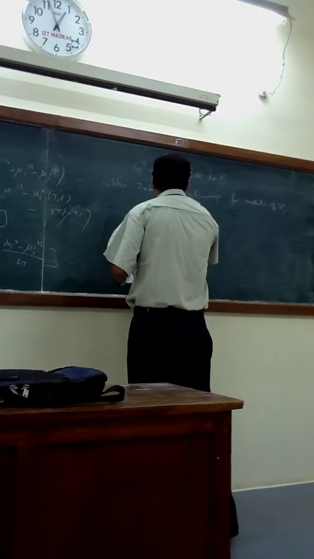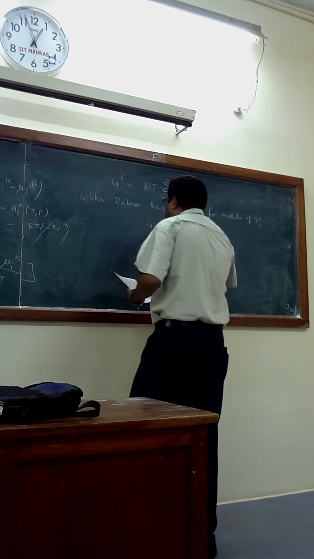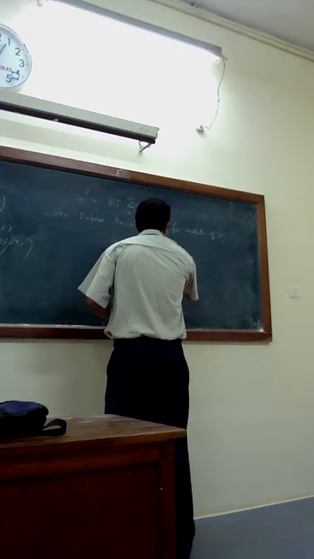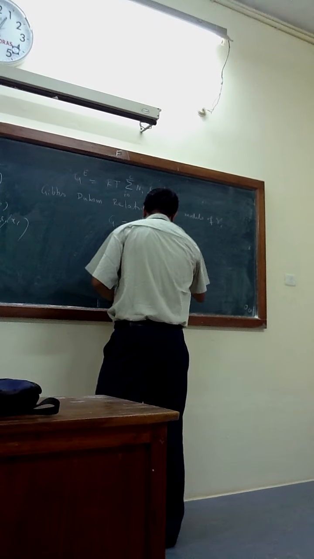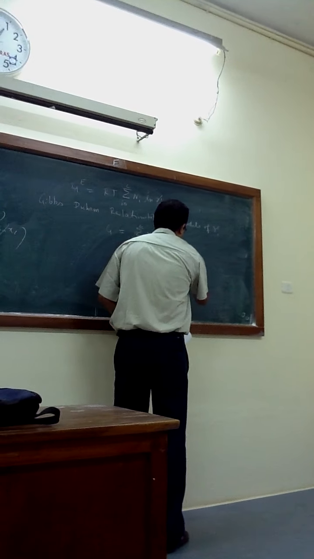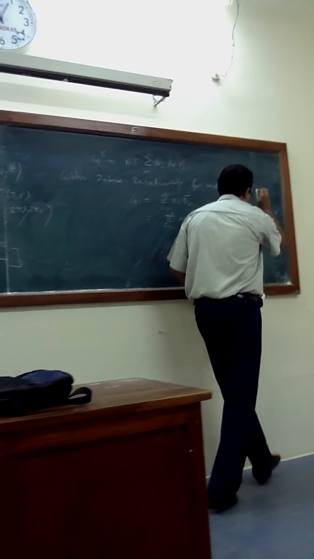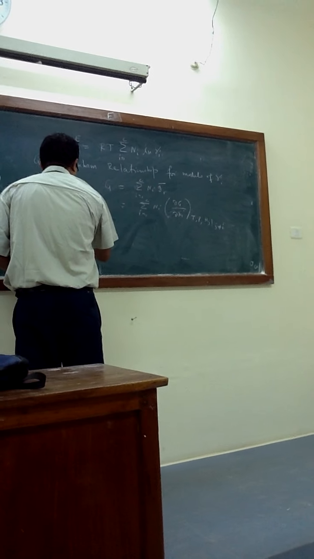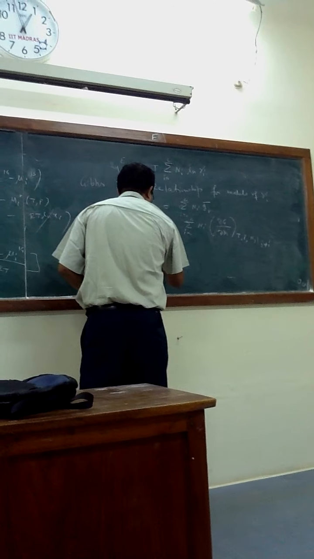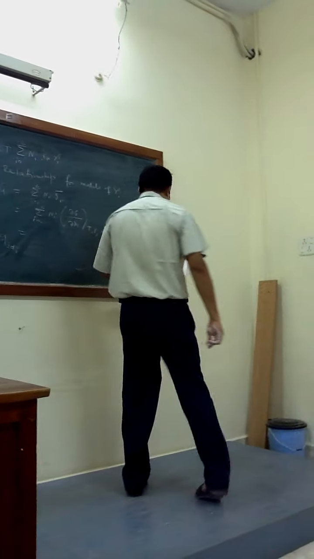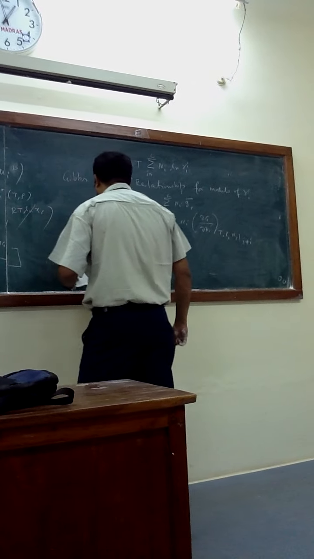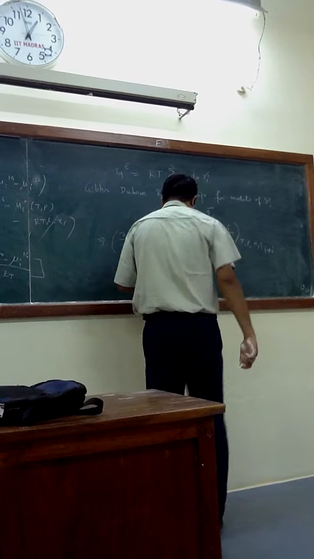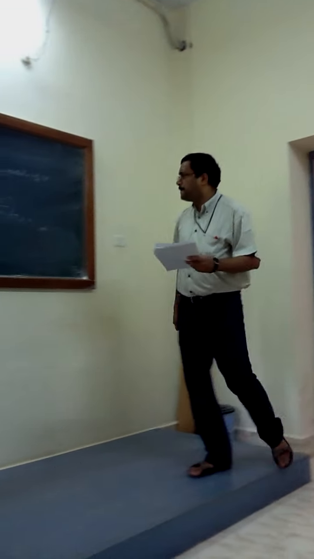We also know that G is summation Ni Gi bar, with i equals 1 to C, where Gi bar is dou G by dou Ni at constant T, P, Nj, j not equal to i. So what can you write from here?